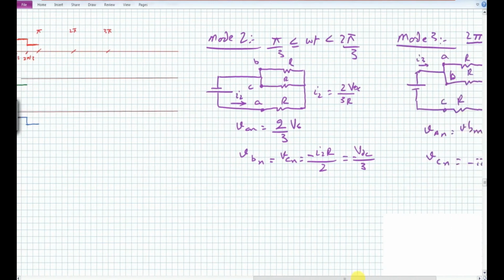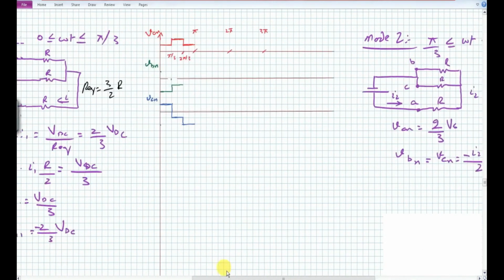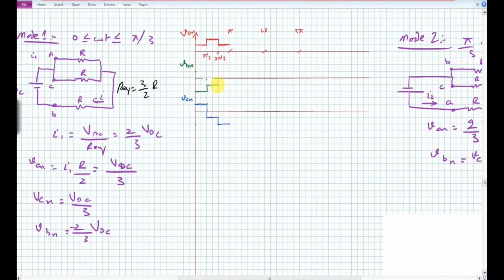And for the third mode, we have VCN equal to VBN equal to VDC by 3. So that means it will go up and retain this particular value for the time period between 2 pi by 3 till pi.